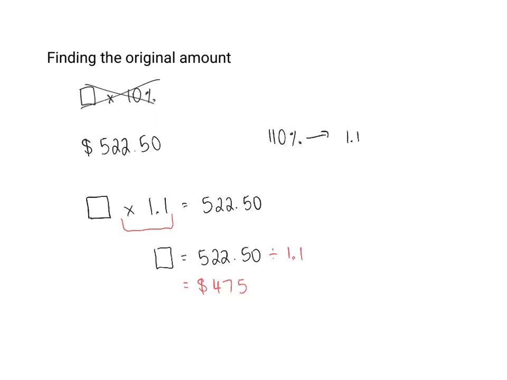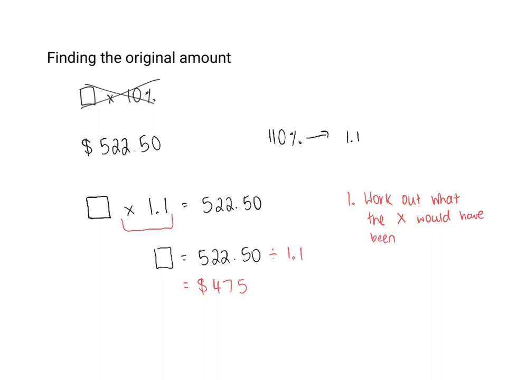So the amount in the invoice prior to the GST being added would have only been $475. So to find the original amount, your first step is you need to work out what the multiplier would have been.